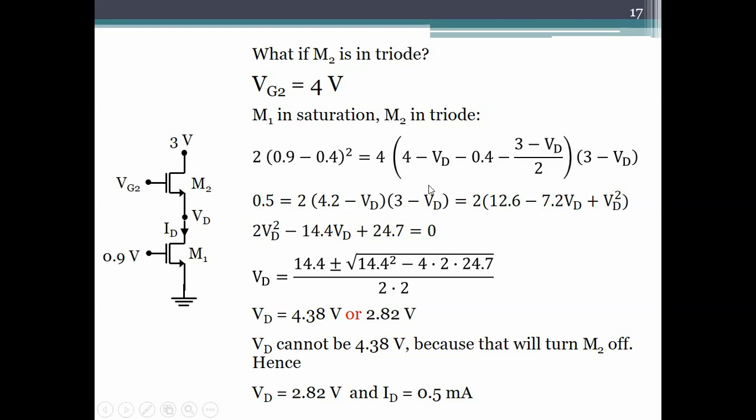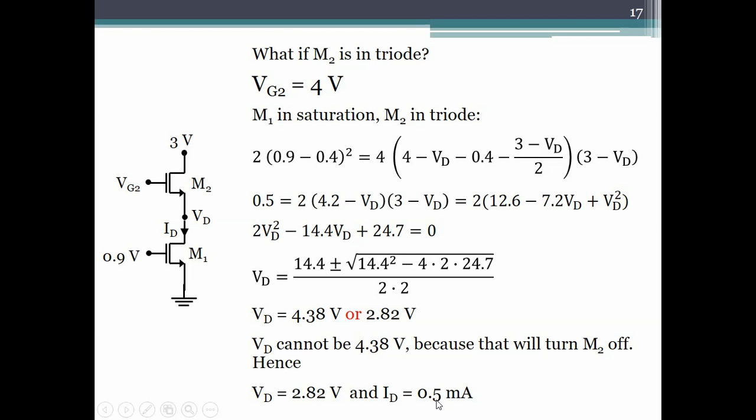Please do this yourself and solve, and we'll get VD equal to 4.38 or 2.82. Obviously this can't be 4.3 because VG2 is 4 and M2 will be off, and so we get 2.82, and that is the answer. ID is still 0.5 milliamps.